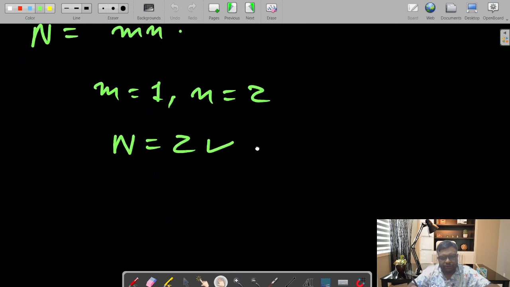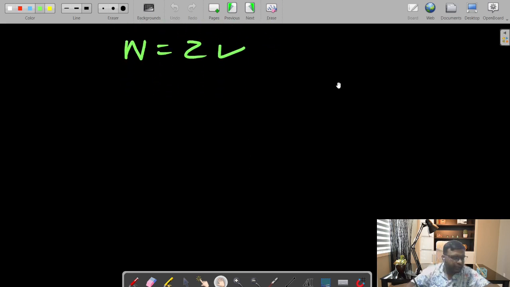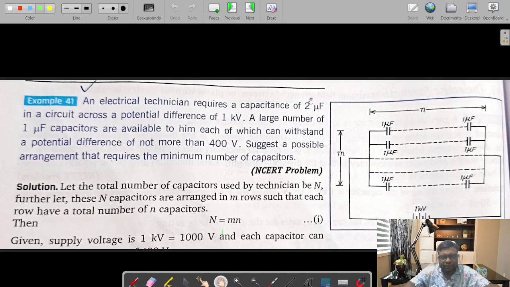So here, if you see clearly in the given figure, these 1 microfarad capacitors in a row are connected in series. So now we will proceed further.